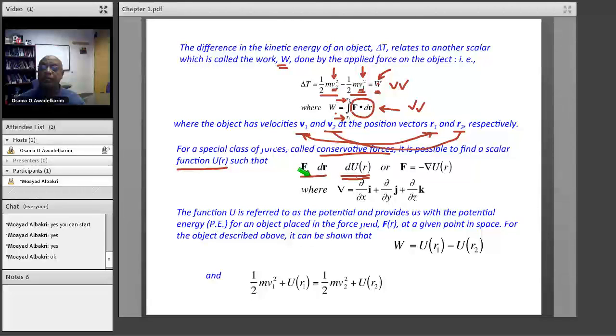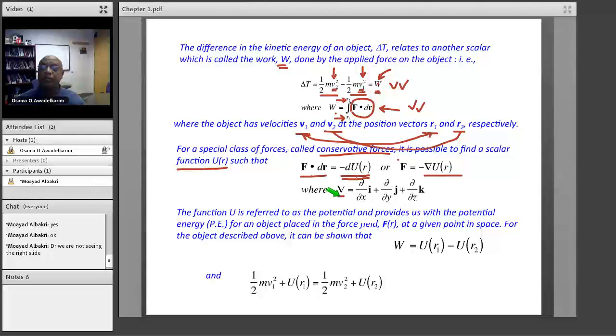or in other words, if you can write the vector F, which is the force, as the grad of this function, minus nabla u of r. So these two relations are exactly the same.